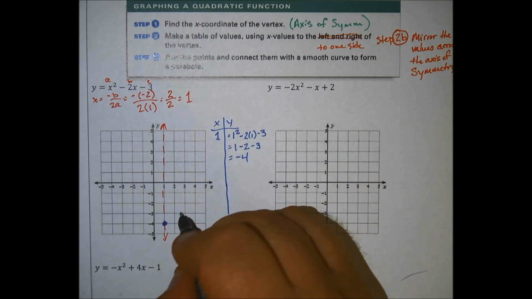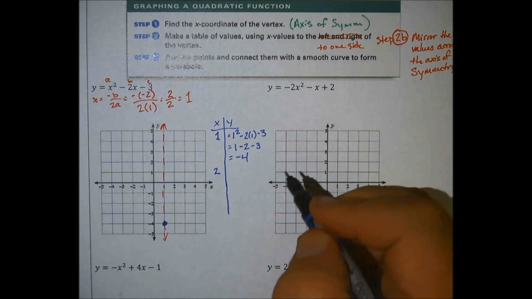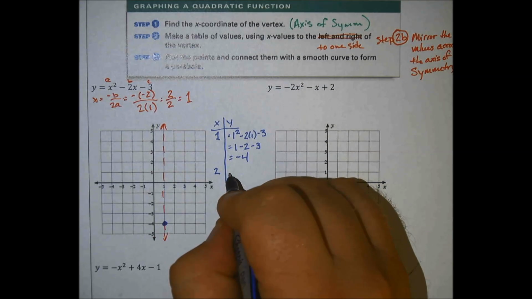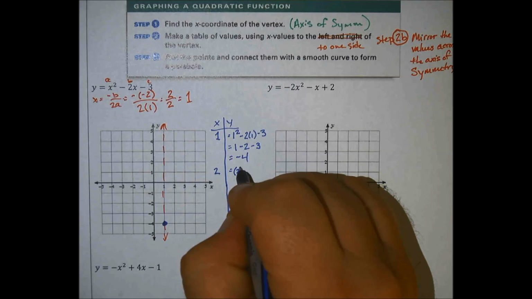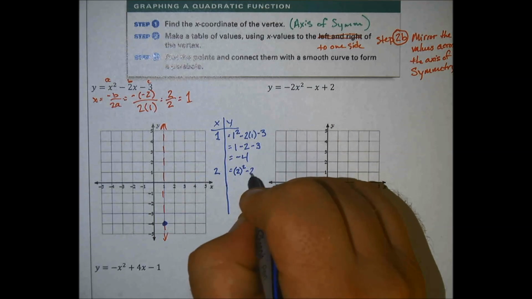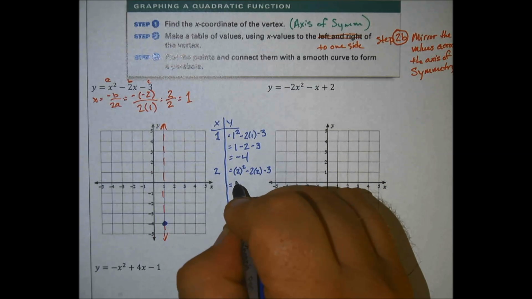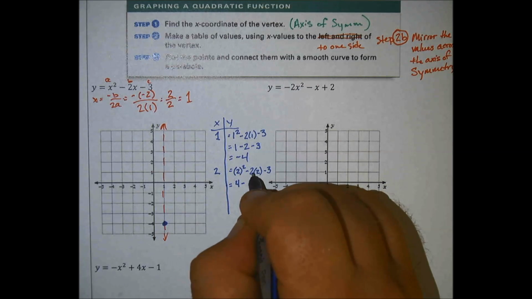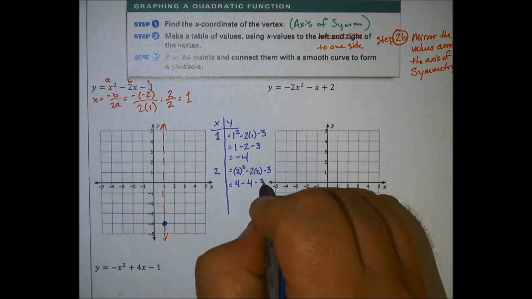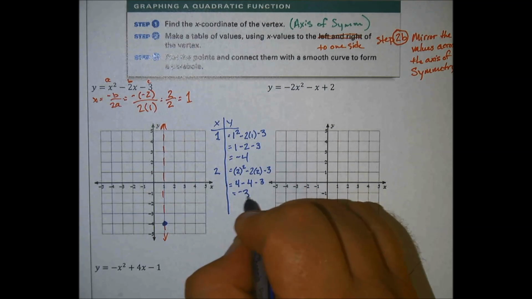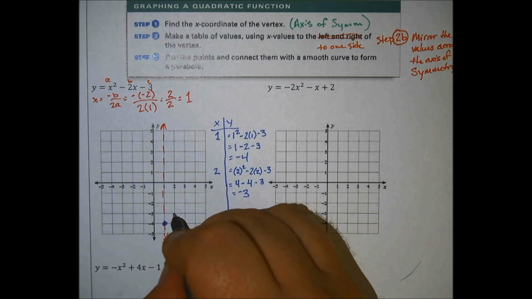And then I'm just going to plug in the next number. I think 2 is a good idea. Might as well give it a shot. So let's plug in 2. So I'm going to have 2 squared minus 2 times 2 minus 3. 2 squared is 4. 2 times 2 is 4 minus 3. 4 minus 4 is 0. Minus 3 is negative 3. So at 2 it's negative 3.